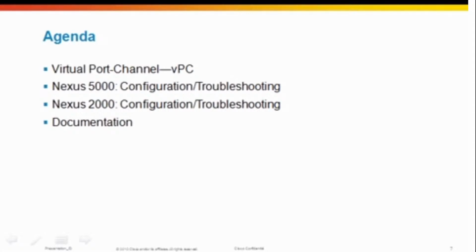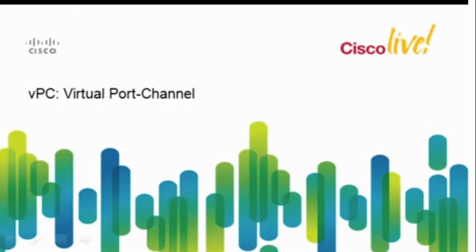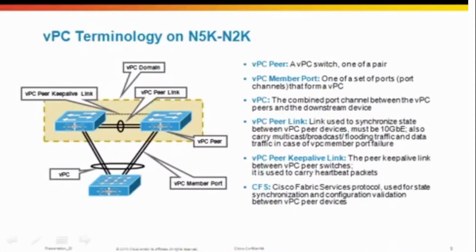Now, as we saw in the polling, we'll start with the virtual port channel. Let's first talk about the terminology we'll be using. Here is a diagram showing VPC, and we have the Nexus 5000, a pair of 5000 switches, and we have a FEX downstream.